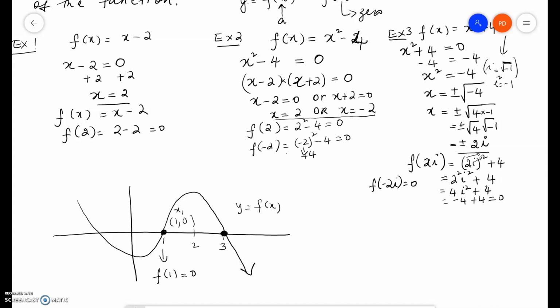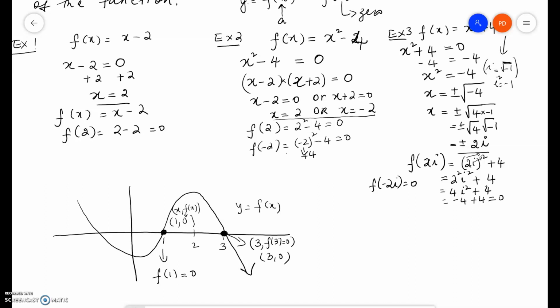So this is x and this is f of x, your x and y coordinates. So the value of the function equals 0. So these are the x-intercepts. So here again, if you plug in a 3 into the function, the value of f of 3 equals 0. So this is (3, 0).